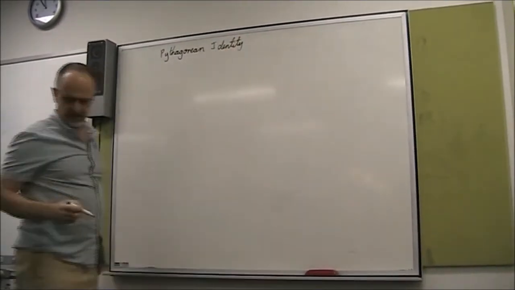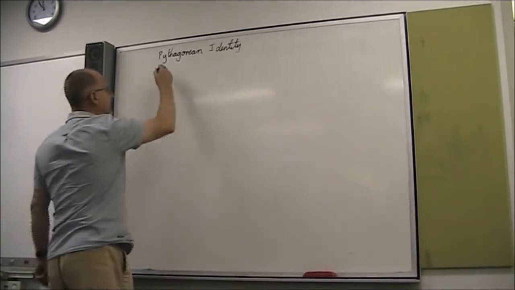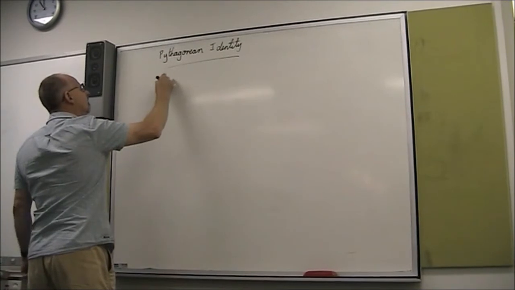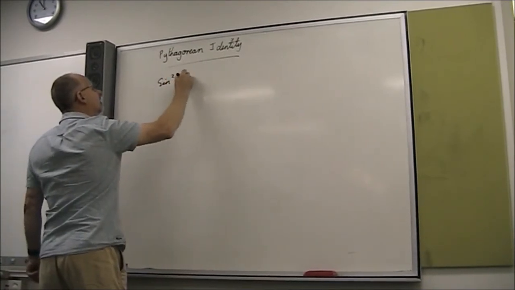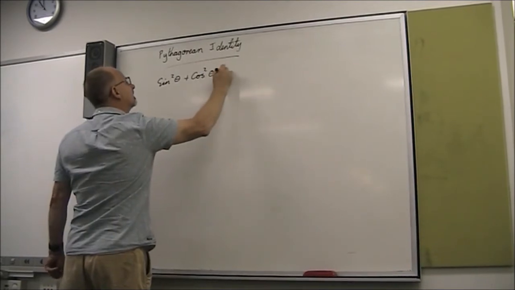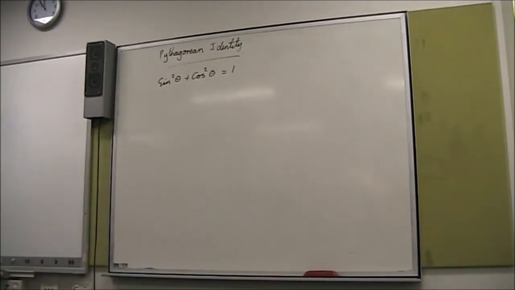And the Pythagorean identity is this. It says that sine squared theta plus cos squared theta is equal to 1.